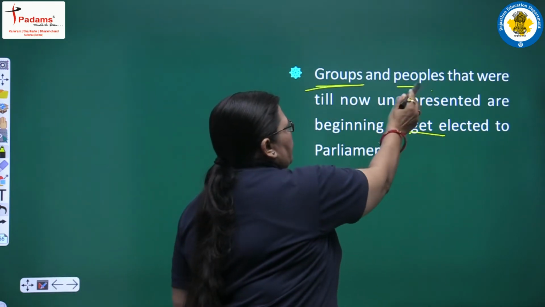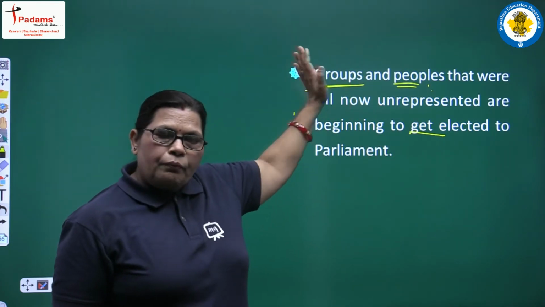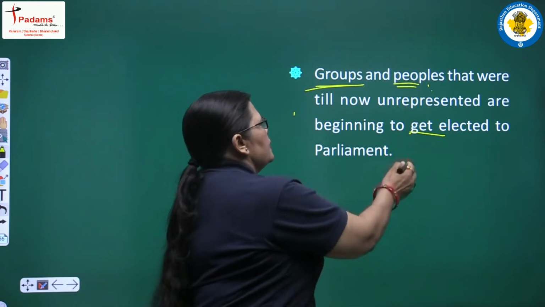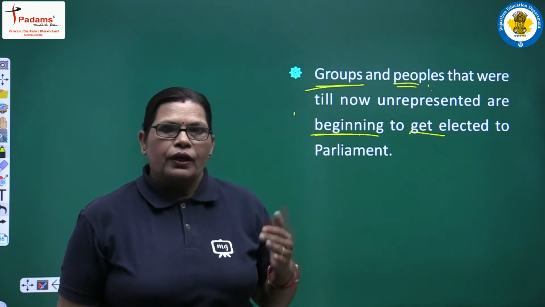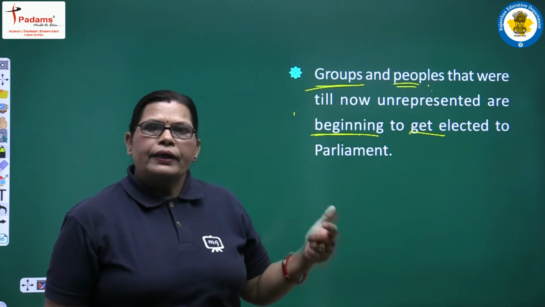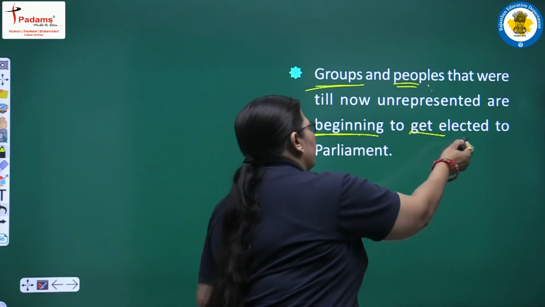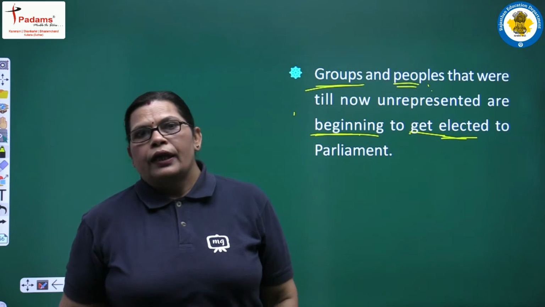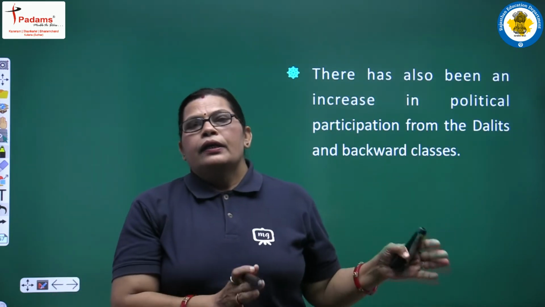Groups and people came to the parliament for the unrepresented areas, the areas which were not under consideration. After the constitution was established, what happened? All the elected members of the parliament represent their own regions, and not a single state or region is left unrepresented.